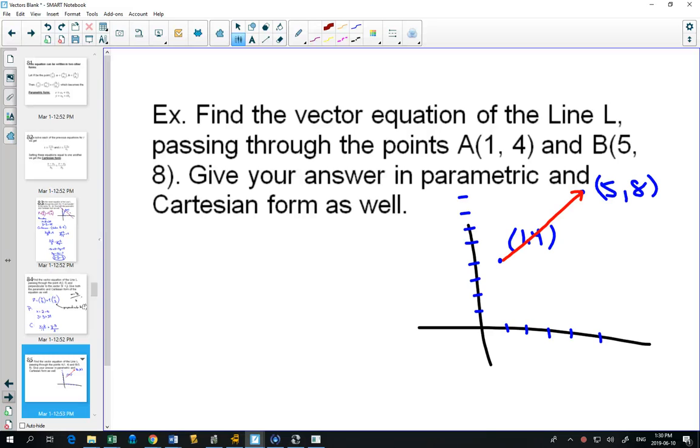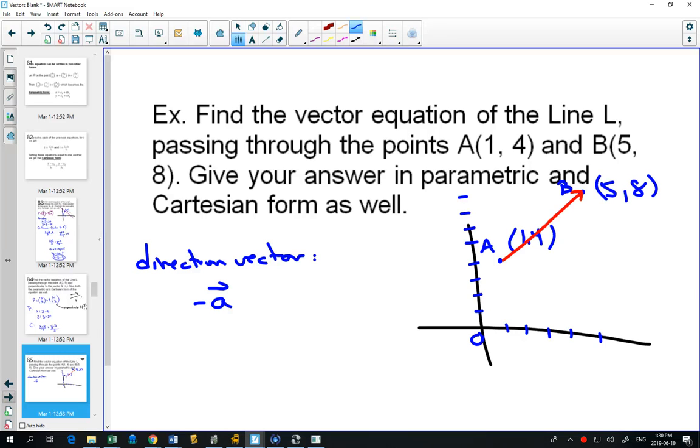How do we find our direction vector? Well, if I call this point A and this point B, my direction vector would be, I would have to go from A back to my origin.